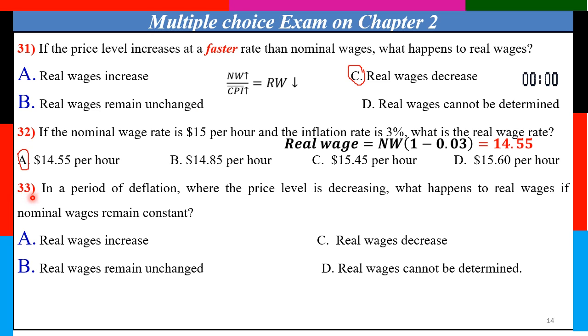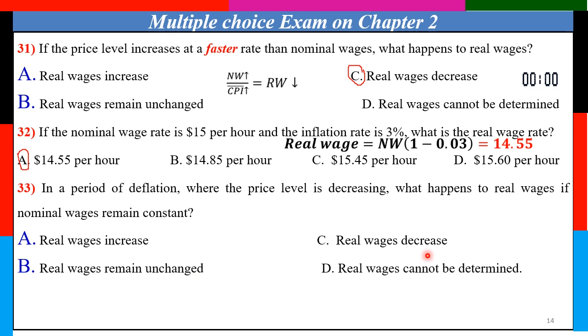The last question. In a period of deflation, where the price level is decreasing, what happens to the real wage if the nominal wages remain constant? A. Real wage increase. B. Real wage remain unchanged.